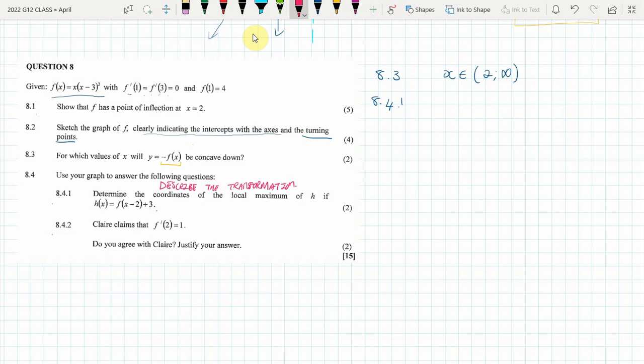Now, what does local maximum mean? Local means not everywhere. Not everywhere in the domain, only in some parts of the domain.